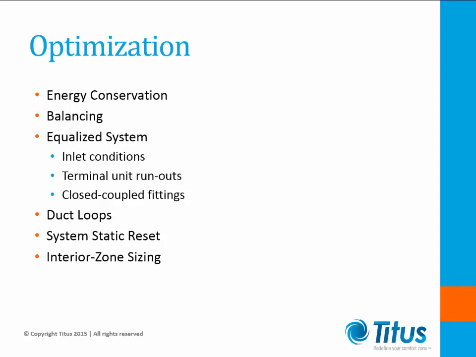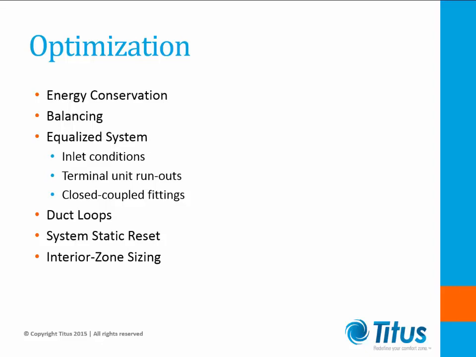Then the BMS will hold that static until that air valve or another air valve opens above 95%. At that point, the BMS would increase the pressure to the system until the valves came back to the 95% position. With this system, the BMS always provides the minimum amount of air necessary to utilize all the boxes and helps to save energy the most hours of the day and most hours of the year.